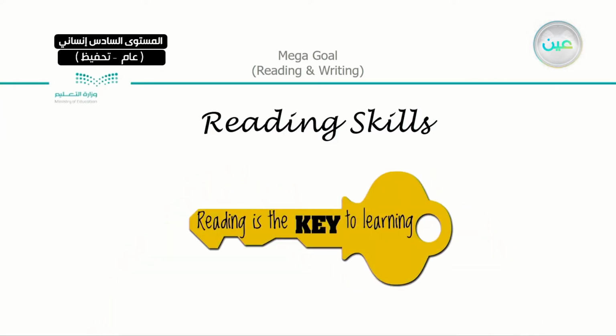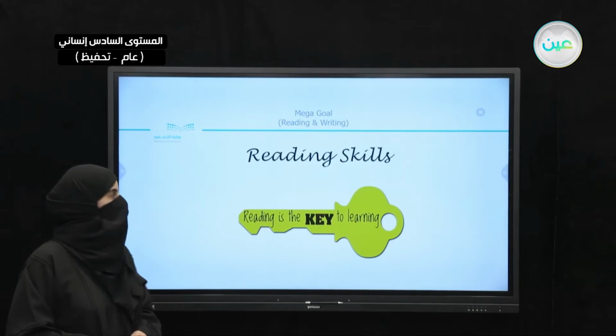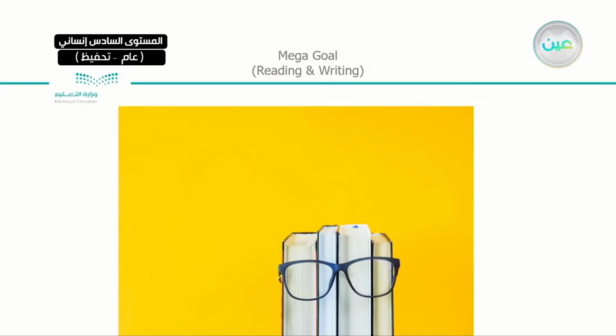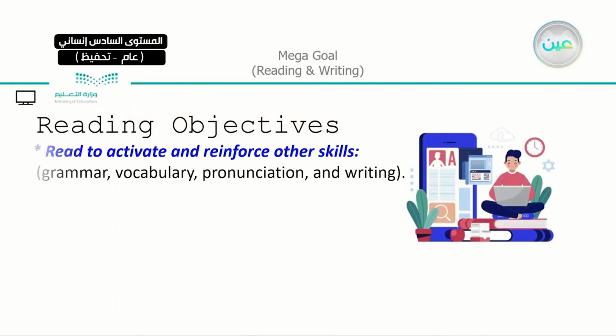Reading is the key to learning. Reading is very important. It is the key actually to learning, because while you are reading, you are doing a lot of things. Reading is not just answering questions. Basically, we have many objectives.